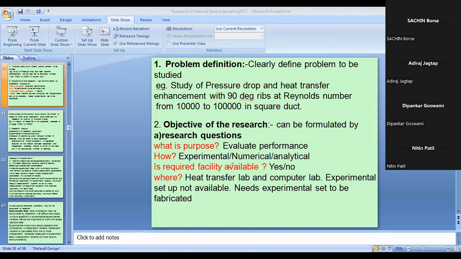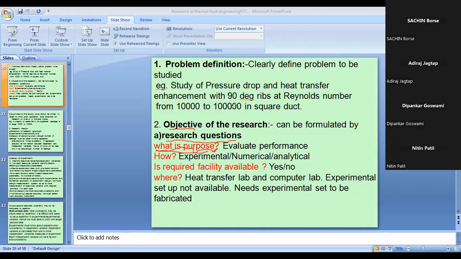Then once you define the problem, you have to define the objectives. So we have to ask some research questions, like what is your purpose? What is the purpose of doing this research? You have to clearly define it. I'm doing the research in a square duct.